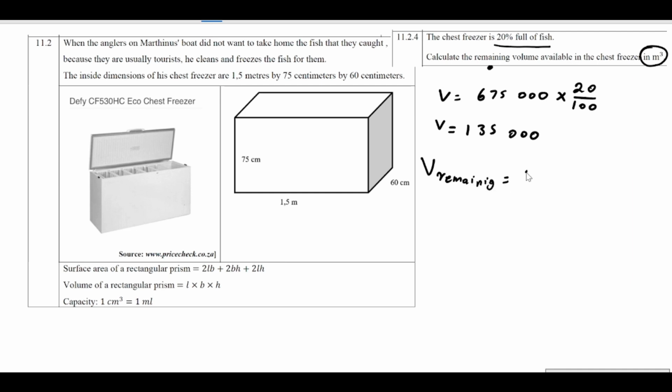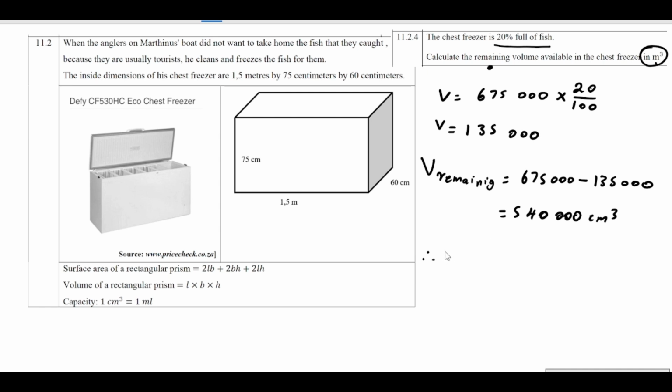To calculate the remaining, we take the total 675,000 and subtract the 135,000. When we do our subtraction, we end up with 540,000. But this is in centimeters cubed, and we have to write it in meters cubed. Therefore, we have to convert this.